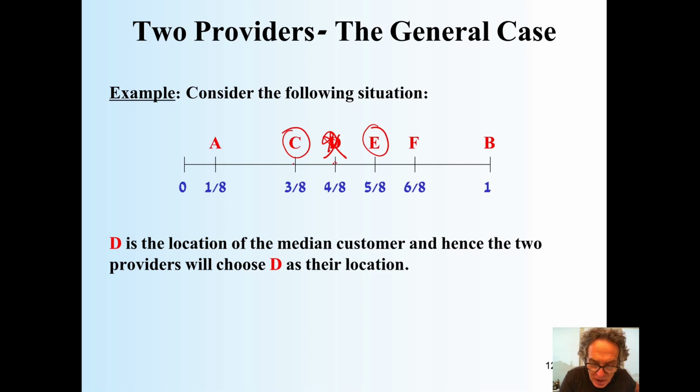Half minus 3/8 equals 1/8, and 5/8 minus half equals 1/8. By the theorem, one equilibrium is this, another equilibrium is this, and the other equilibrium is this. This is if I assume that D is not there.